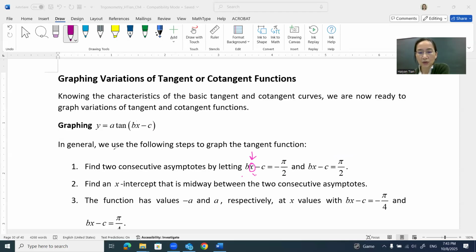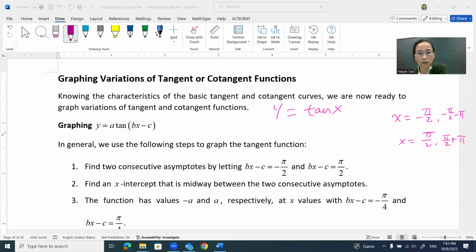Because we know the vertical asymptotes for the basic tangent function, right? When x is negative half of pi or positive half of pi, they're undefined. And also, if you continue to subtract a pi, and if you continue to add another pi, then we know that's another vertical asymptote as well.